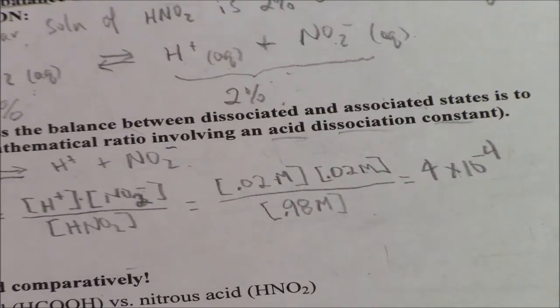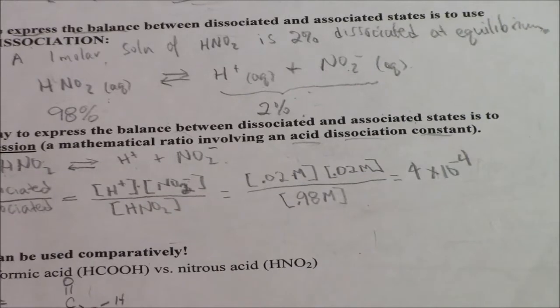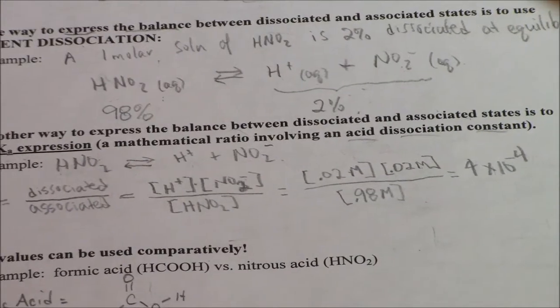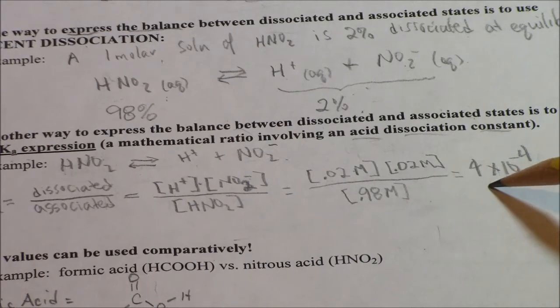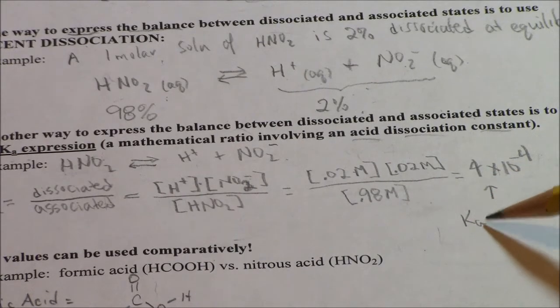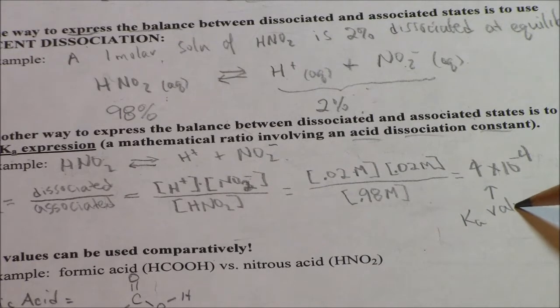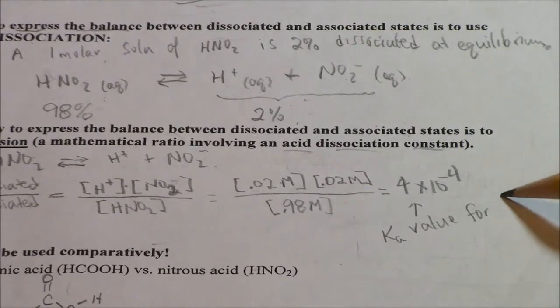So if we look at this now in its entirety, this is a Ka value. And what makes it valuable is that it is a constant. So it's a Ka value for HNO2.